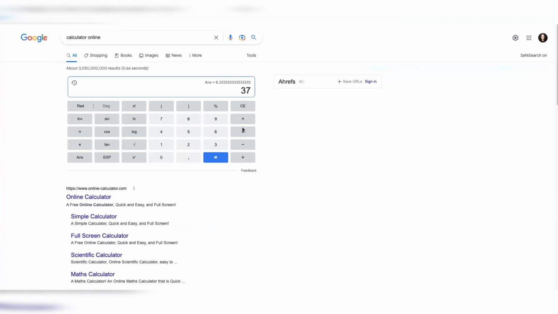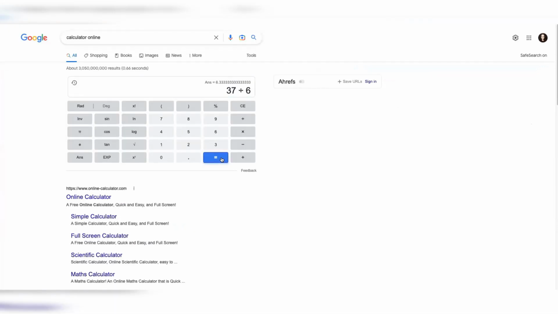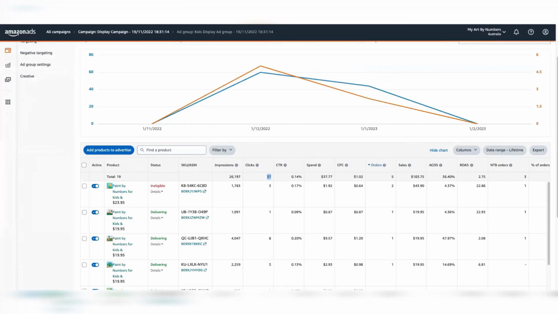My maths is really bad when I'm put on the spot. 37 divided by 5, that's about 6. So the conversion rate's not bad, but it's just that cost per click.